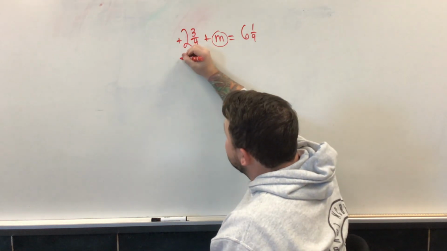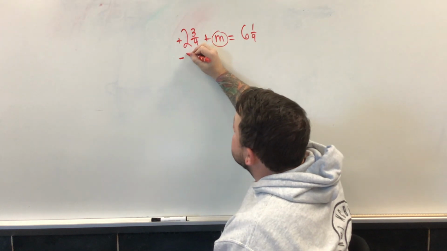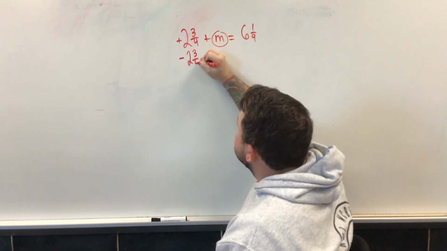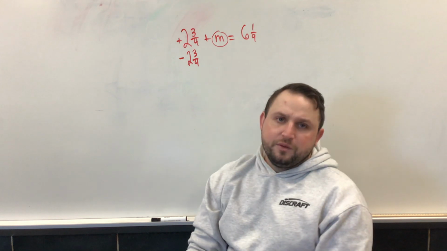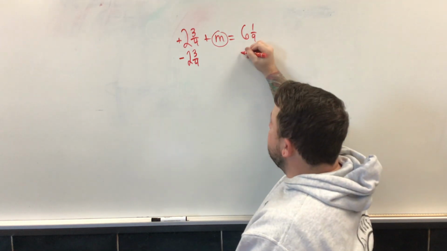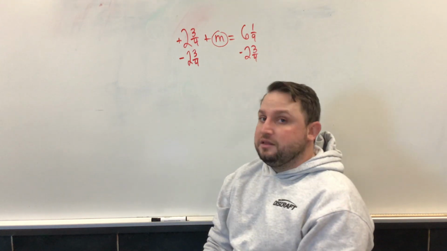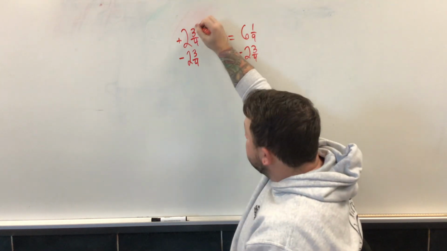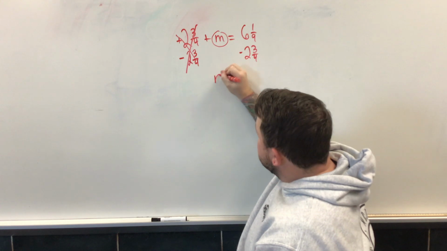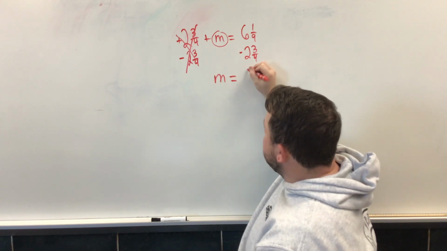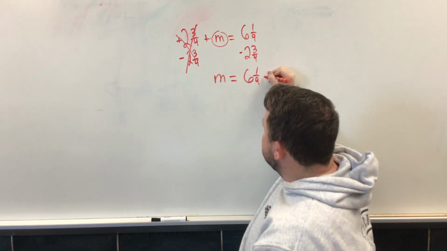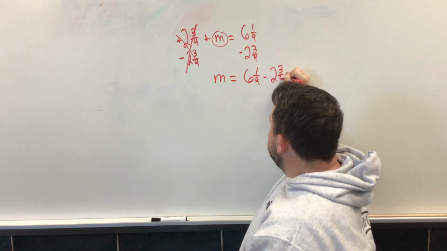To get rid of that, we must subtract 2 and 3/4 from that side. We do it to this side, we must also do it to the opposite side, ladies and gentlemen. Okay? Doing both of those cancels that out. We're left with m on this side. M is equal to 6 and 1/9 minus 2 and 3/4.